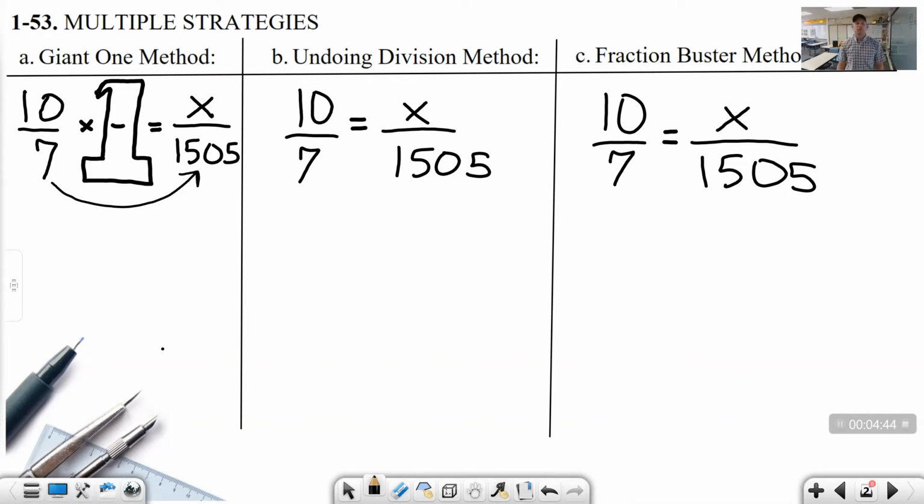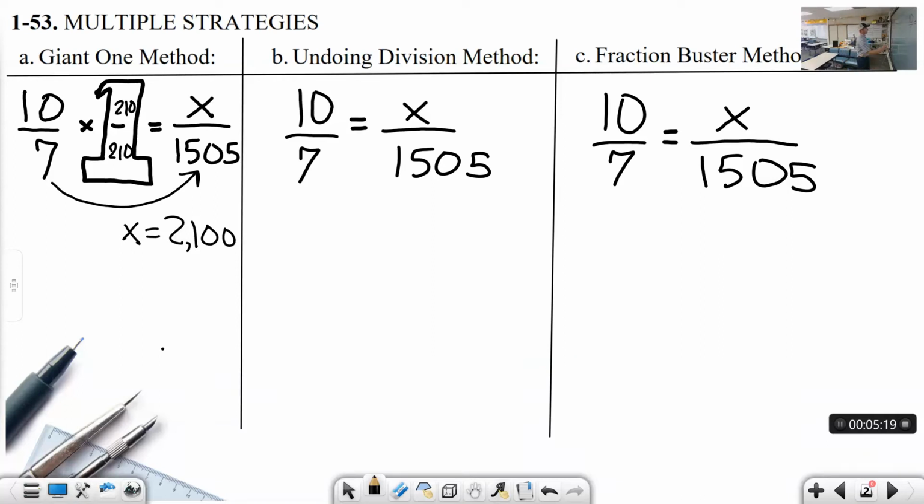Now, I've solved this problem multiple times, and so I know that to do this math, I need to multiply by 210. Maybe that number looks familiar from your previous problem. Okay? So if I multiply the bottom by 210, then I multiply the top by 210. And that is going to give me my x value of 2,100. Now, this should be the same answer that you had in the previous problem.